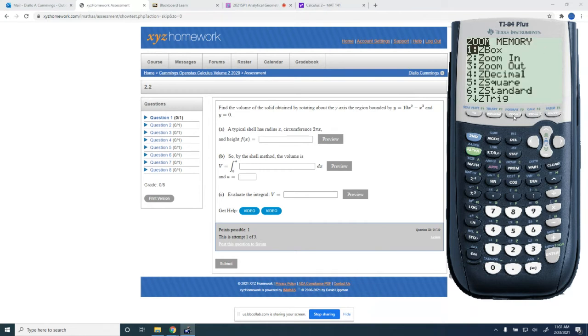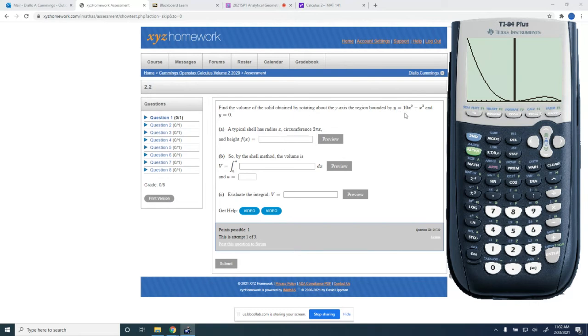I'm going to use zoom and 6. Now I'm going to use zoom and 0. What zoom 0 does is fit the graph to our screen. So in a nutshell, this is what the graph looks like.